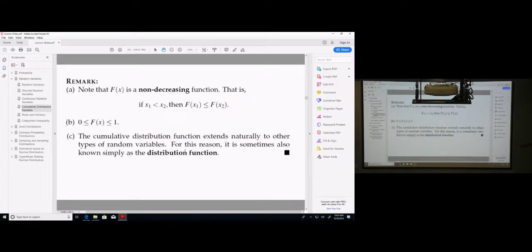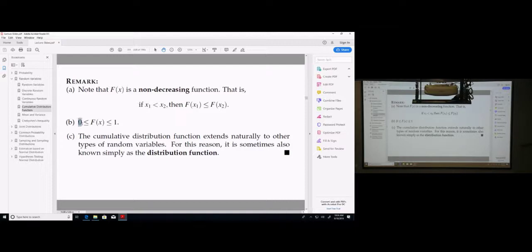So note that F of x is a non-decreasing function. When you have a smaller argument in your function, the functional value is no bigger than the functional value evaluated at a bigger argument, x2. Okay, and this is always between 0 and 1 because F of x corresponds to a particular probability.